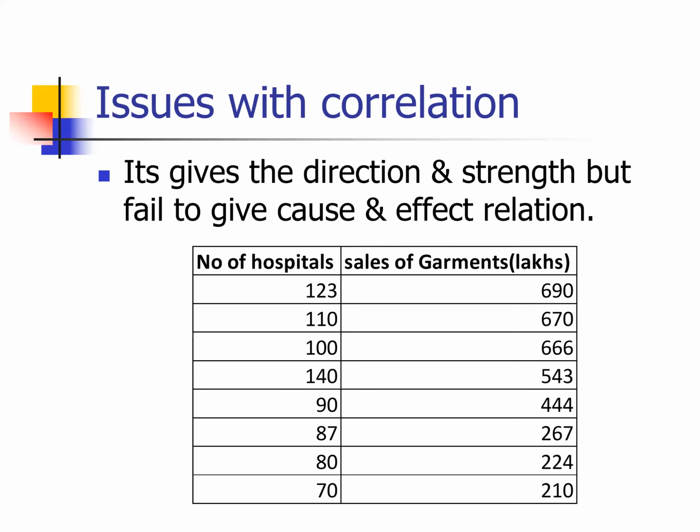If you actually calculate the value of R from this data set, you get the value of R as 0.756, which means a positive and strong relationship. But if you carefully study the data, there is no logical relation between the hospitals and the garment sales. Hence, the correlation should not be considered as a predictor of future value.